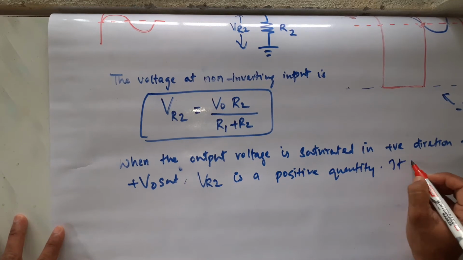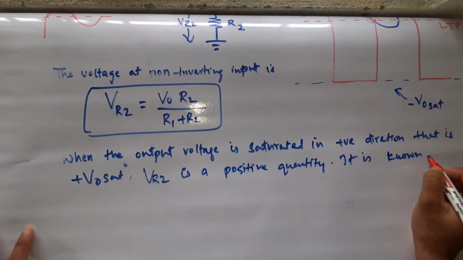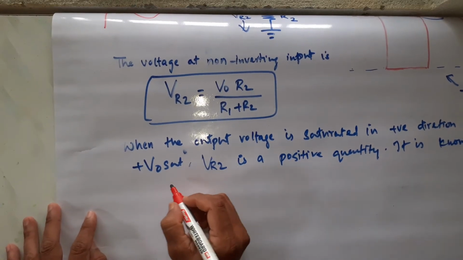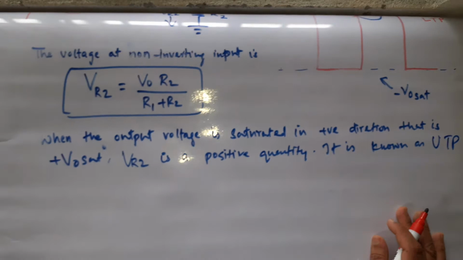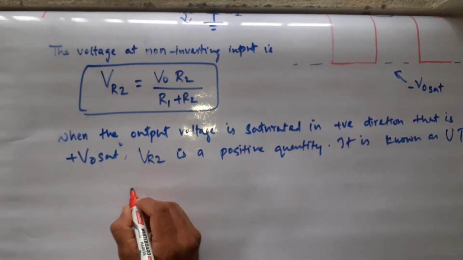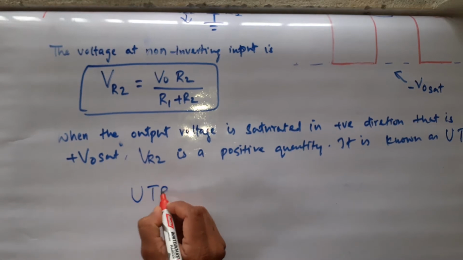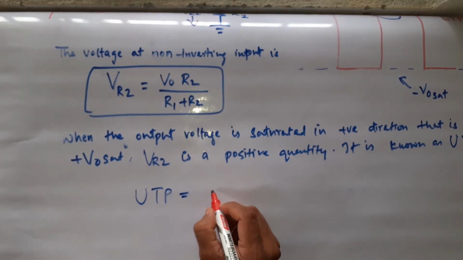It is known as UTP, upper threshold potential. Therefore, we can write UTP is nothing but our VR2 only. So I can write V0. Which V0 I should use now?